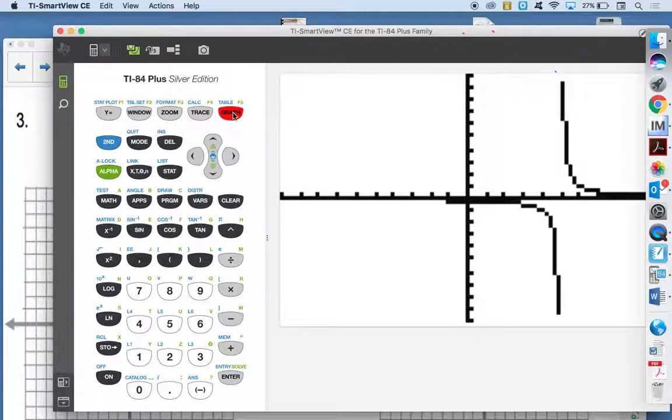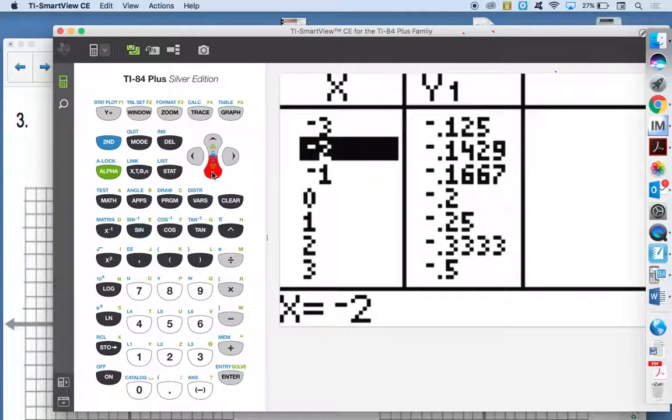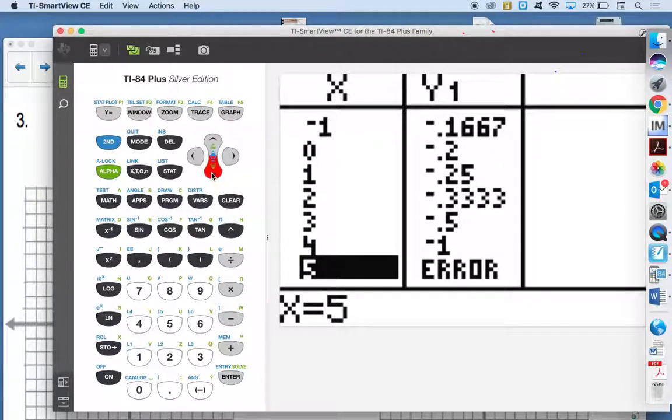This one's a little crazier. So we have these two curves, one on the left, one on the right. Minus, so x minus 5. When you go to your table of values, if you arrow when it gets closer to 5, it says error.